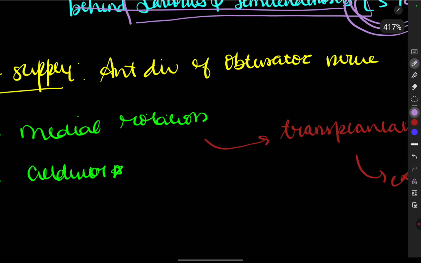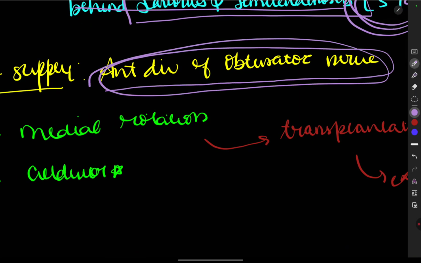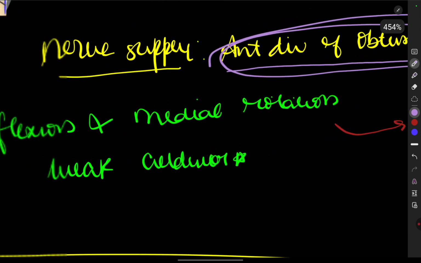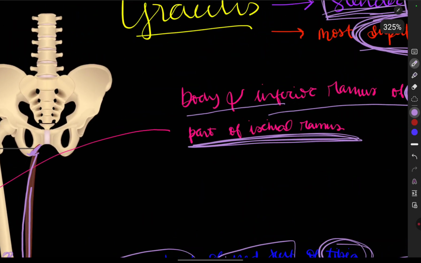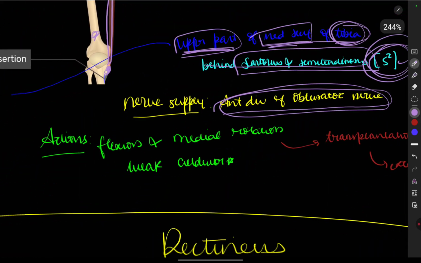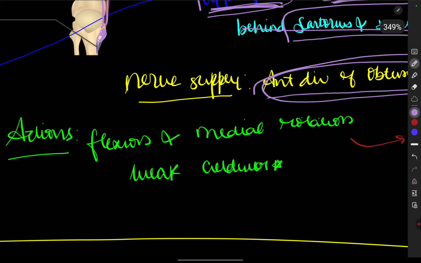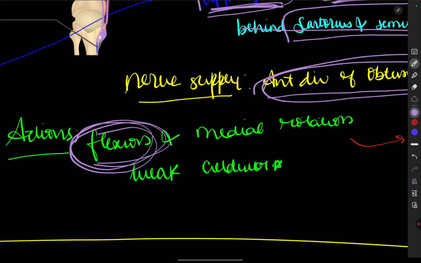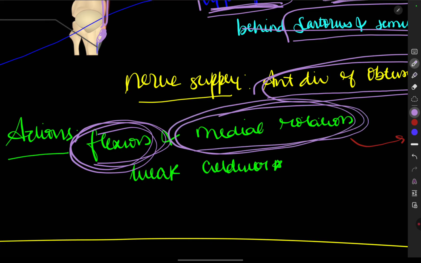Now the nerve supply is by the anterior division of the obturator nerve, and we know that this is not a hybrid muscle. The actions are adduction and flexion. Medial rotation: which muscles help?